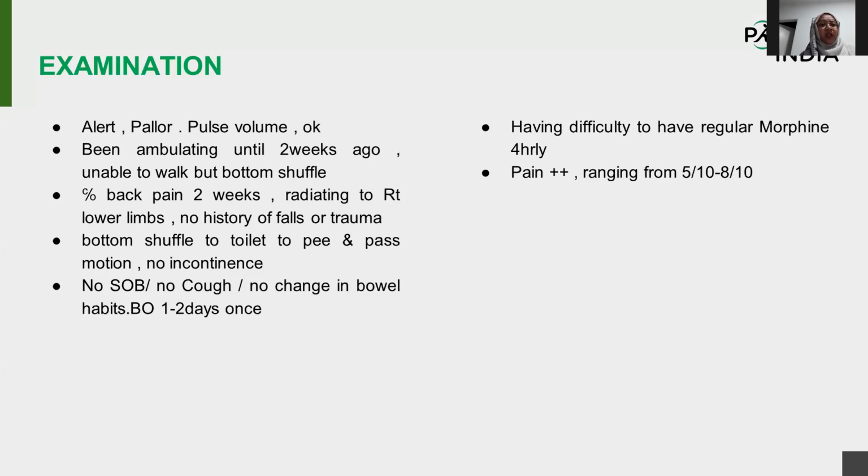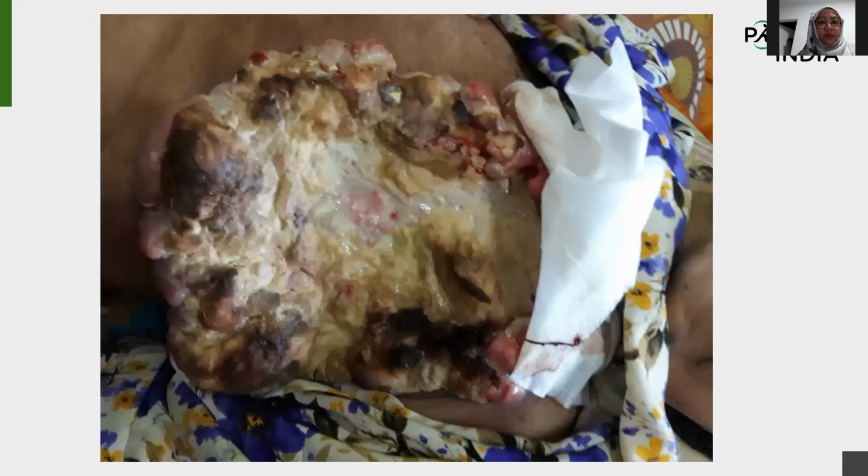She bottom shuffles to the toilet to pee and pass motion, no incontinence. Denied any shortness of breath, no cough, no change in bowel habits. Her normal bowel habit is once every 1 or 2 days. She also had difficulty taking regular morphine 2 hourly, and her pain ranged from 5/10 to 8/10 on the pain score. Next slide, please.